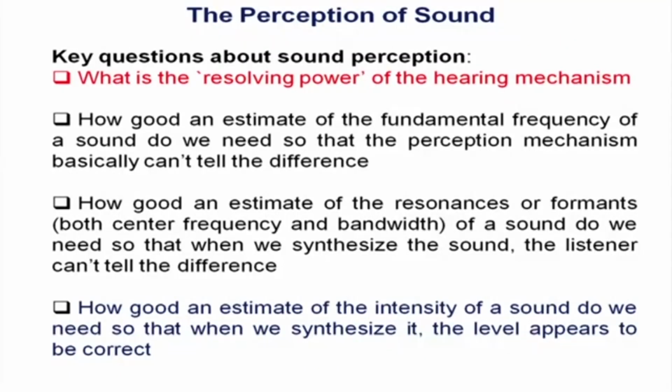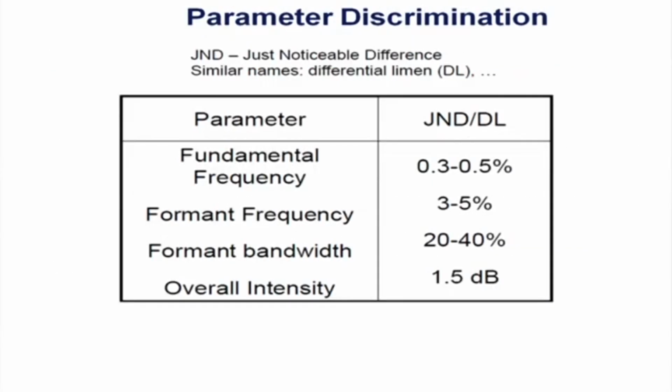How good is the estimation of the fundamental frequency? So, in the frequency domain and intensity domain, there is some parameter. For fundamental frequency, the resolving power is 0.3 to 0.5%.